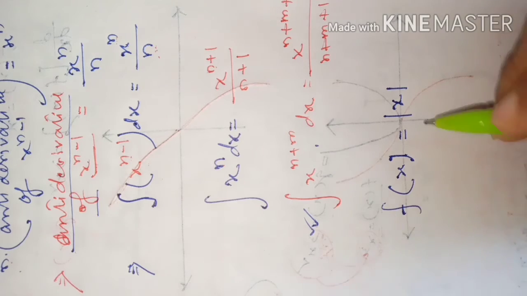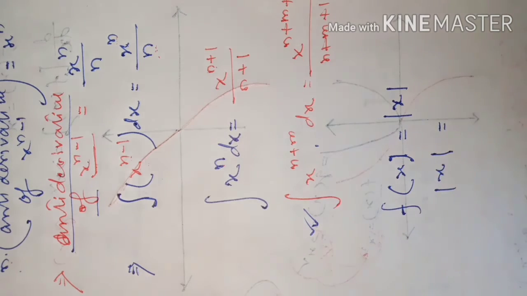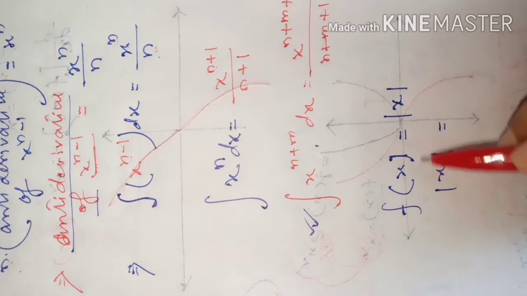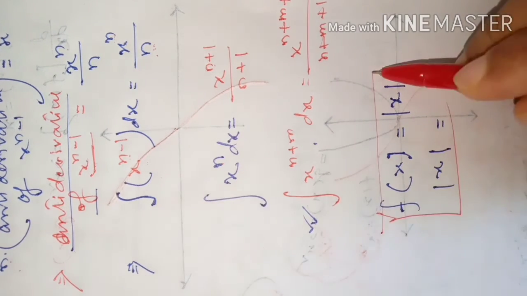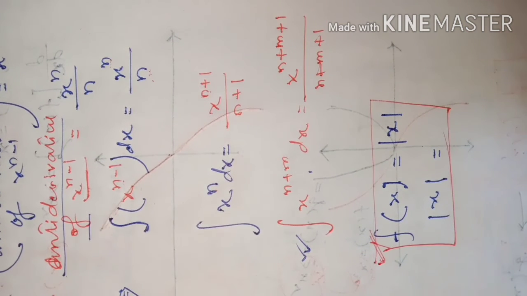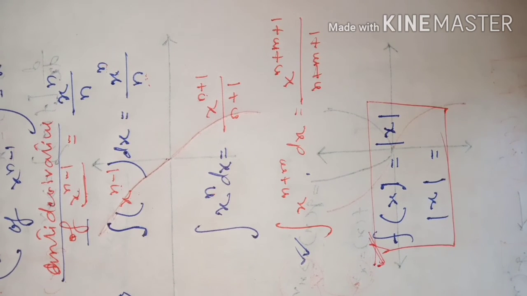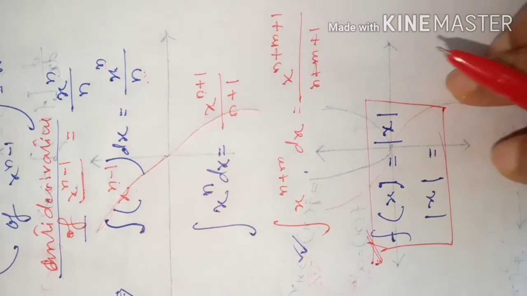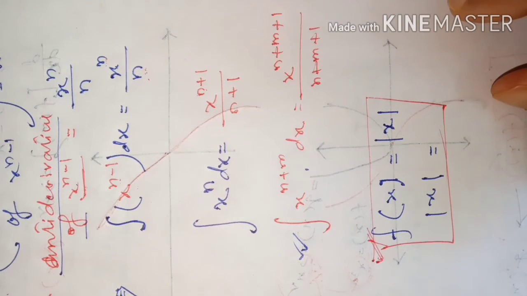Means, antiderivative of this function also you can't find out, because it is not differentiable at all points of x. So like that, an antiderivative you can find out only when there is a derivative of a function. If a function has got a derivative, then that function's antiderivative can be found out.